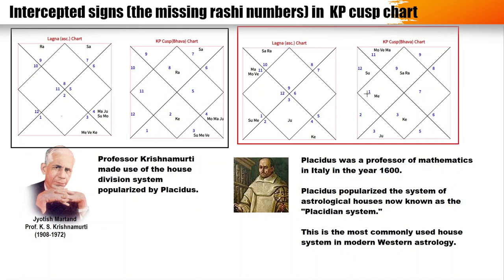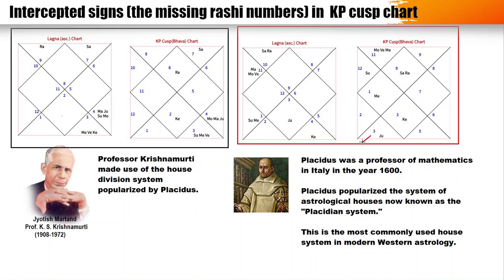There you find that in the Lagna chart, it's a Sagittarius ascendant, and you have the numbers 9, 10, 11, 12, 1, 2, 3, like this. But if you look at the Bhav chart, the KP cusp chart, then you realize that something is different.